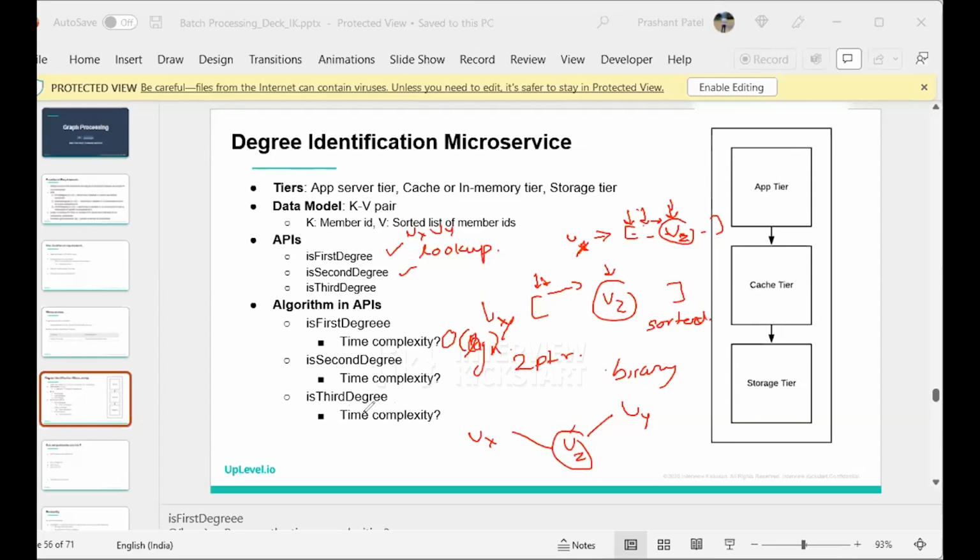Let's first discuss the third degree connection, how would it be? Probably we can make use of the second degree connection here.